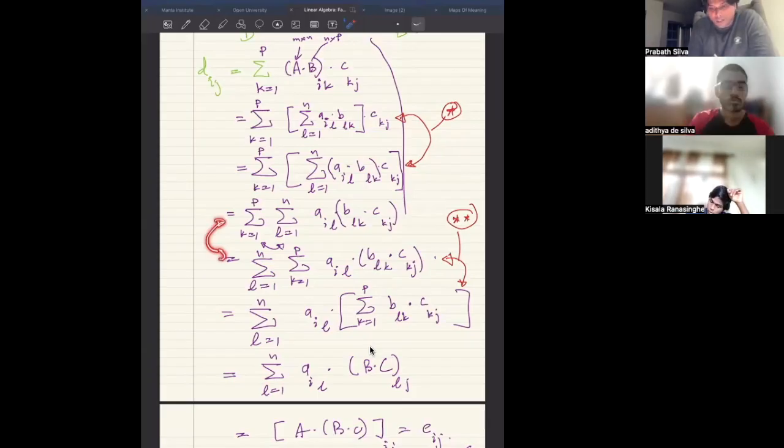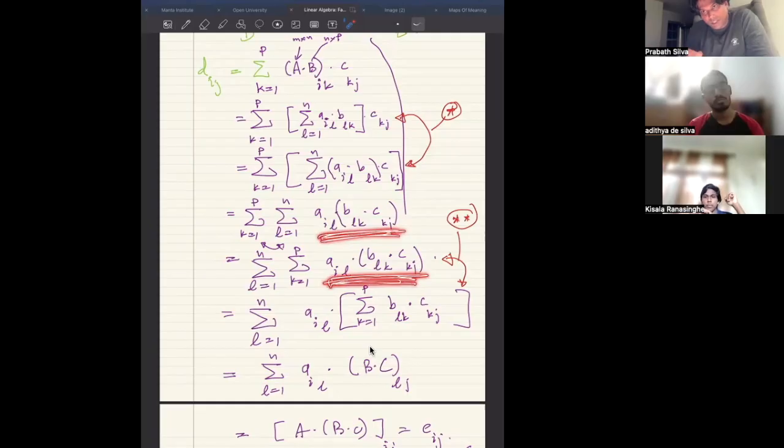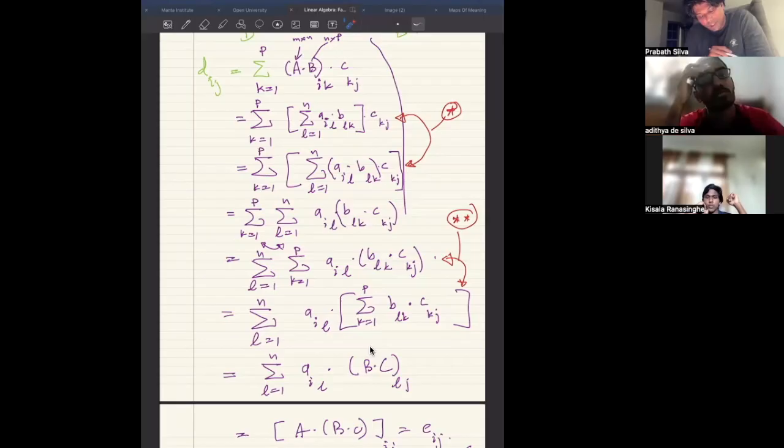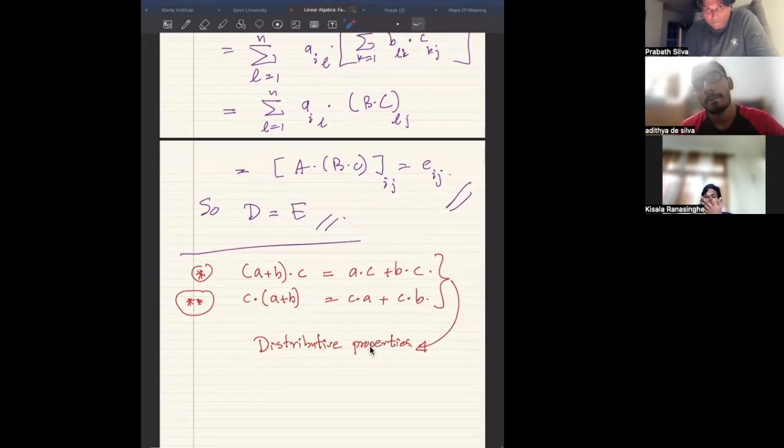And we have used these guys here, like changing the brackets. So this would be the fact that multiplication is associative. We don't require that the ring have a multiplicative identity, but we require that the ring has these distributive properties.